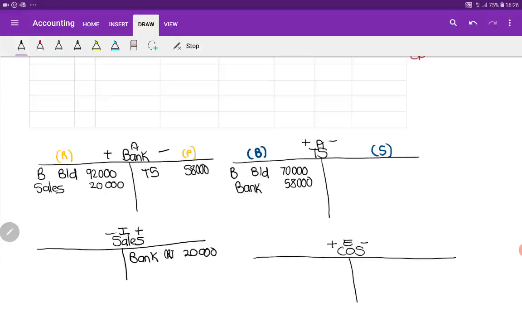What was the selling price? 20,000. Cost? 16,000. You never ever show the selling price in the trading stock account. What is the contra account? Cost of sales. For every credit, there's a debit.